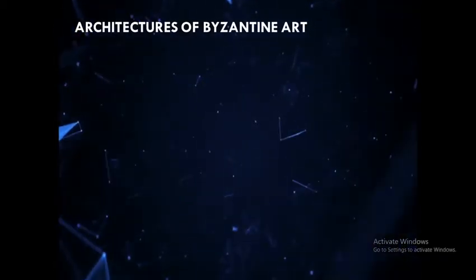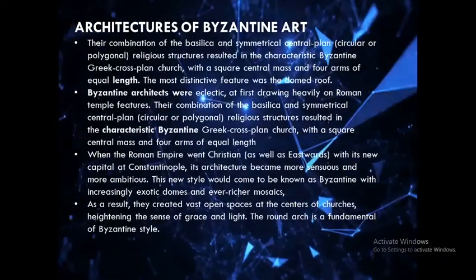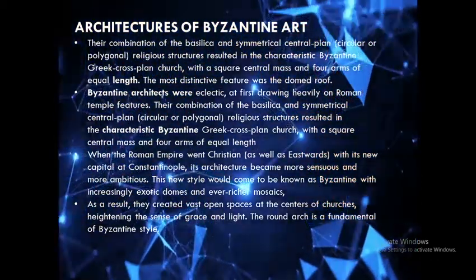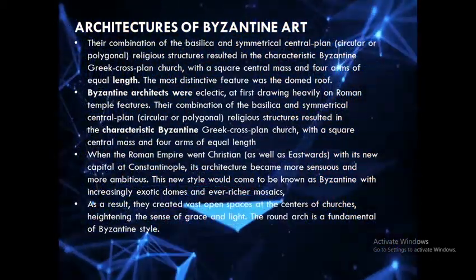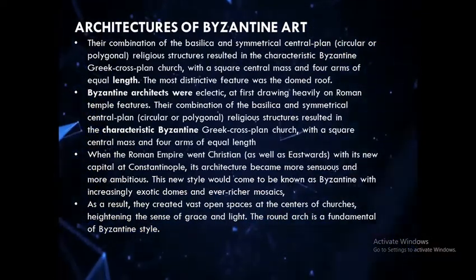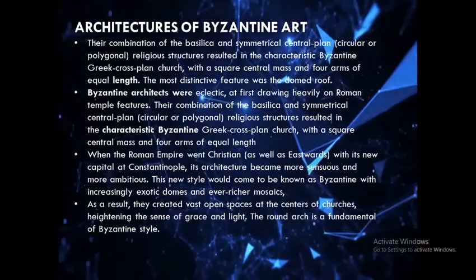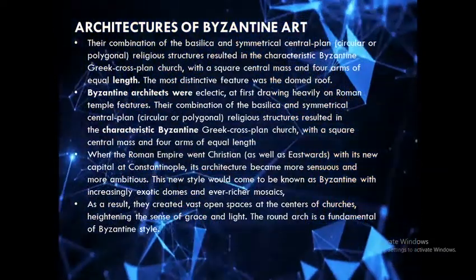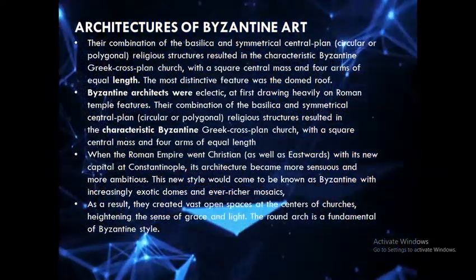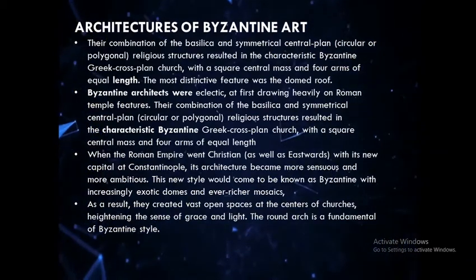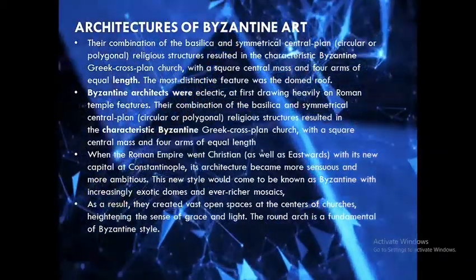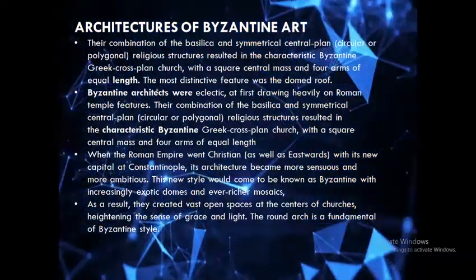Architecture of Byzantine art. Their combination of the basilica and symmetrical central plan, circular or polygonal, in religious structures resulted in the characteristic Byzantine Greek cross-plan church, with a square central mass and four arms of equal length. The most distinctive feature was the dome roof.